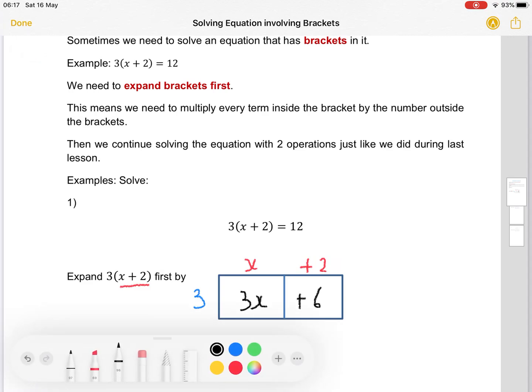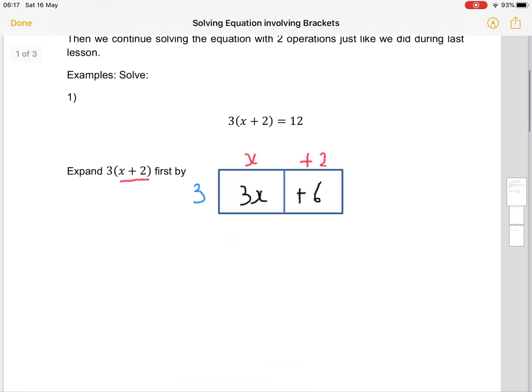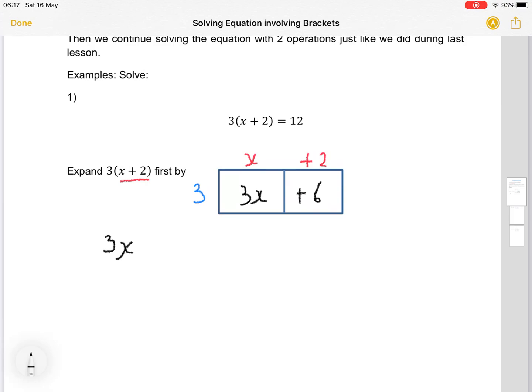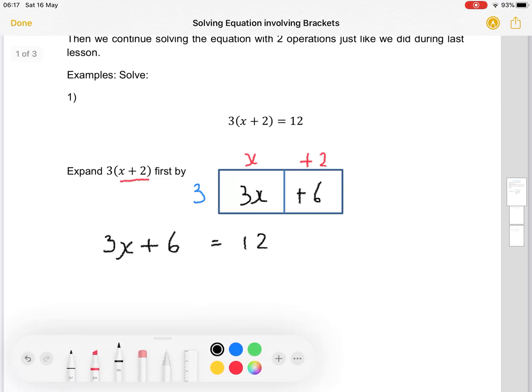That is the first part of the equation expanded. So let's write it down now. Instead of 3 into x plus 2, I'm going to write 3x plus 6 is equal to 12, okay? Now, as we said yesterday, we're going to move in reverse, all right?